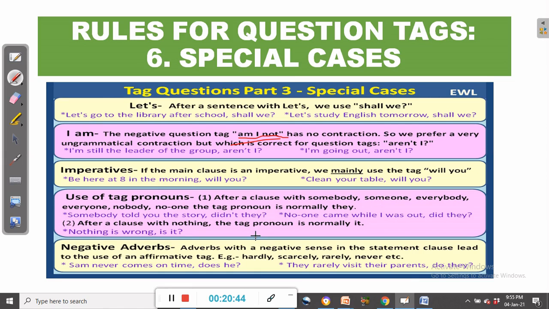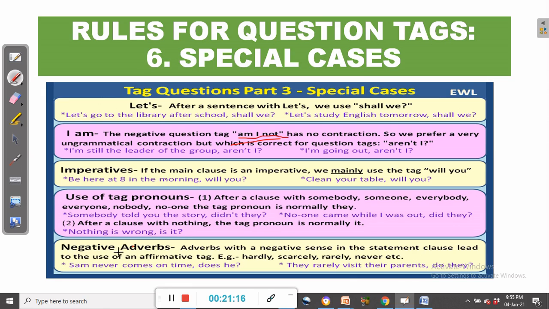So when we say somebody told you the story, didn't they? No one came while I was out, did they? See, so that is exactly the way it is done. Then the other one is after a clause with nothing, the tag pronoun is normally it. Nothing is wrong, is it?